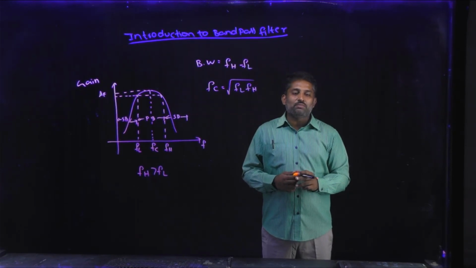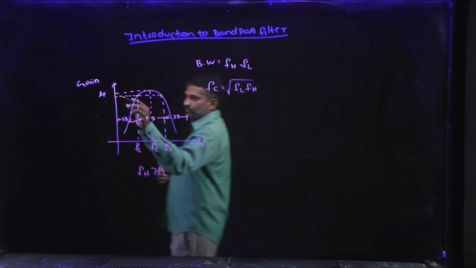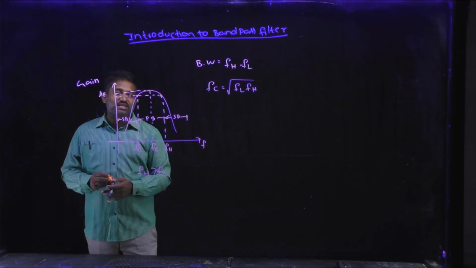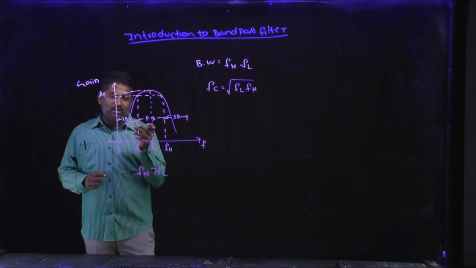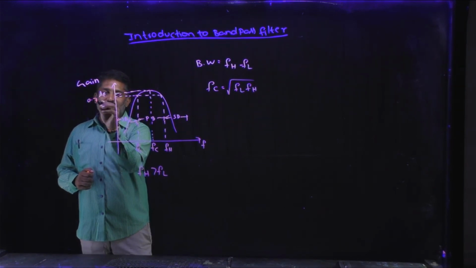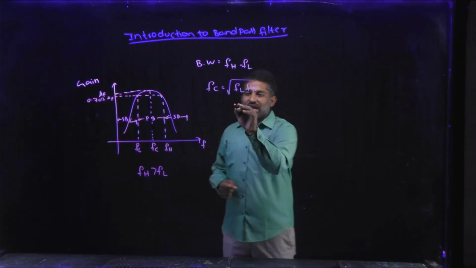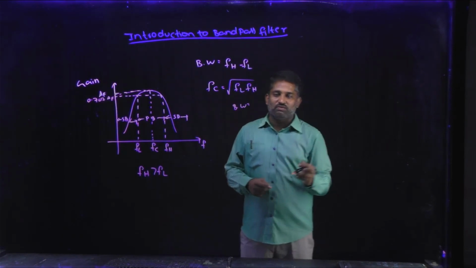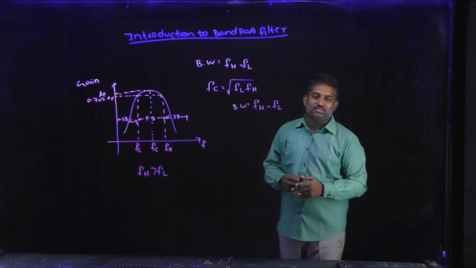The maximum gain of the pass band occurs at the center frequency, and the corner or cutoff frequencies FL and FH are at 0.707 times the maximum gain AF. The bandwidth is calculated with the help of the two corner frequencies, FH minus FL, which is called the bandwidth.